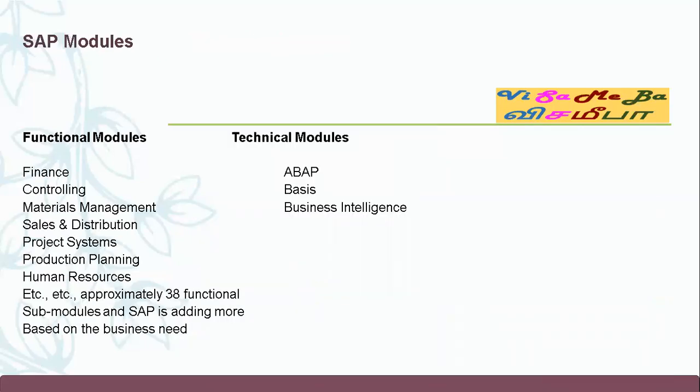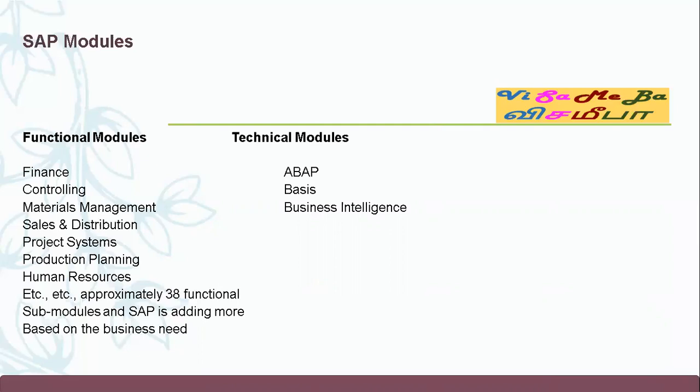There are various modules in SAP ECC. Around 38 submodules are there, and some of them are listed here, like finance, controlling, material management, sales and distribution, project systems, production planning, and HR.